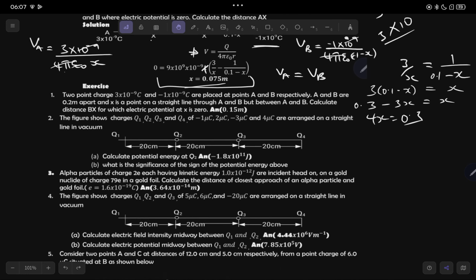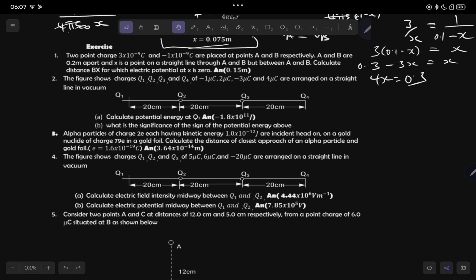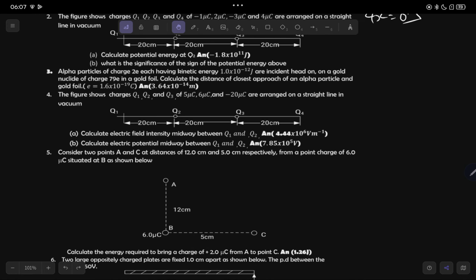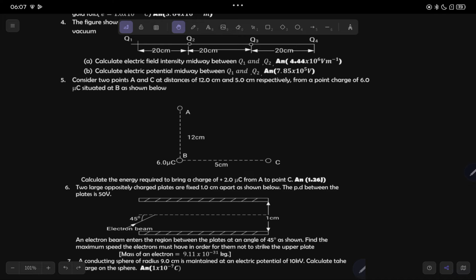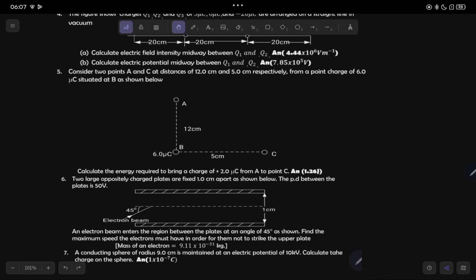We have some exercises here for you to try out, from question 1 to question 5. You can pause the video, try them out, and see if you have grasped the concepts in the whole of electrostatics from the beginning up to where we have reached now.